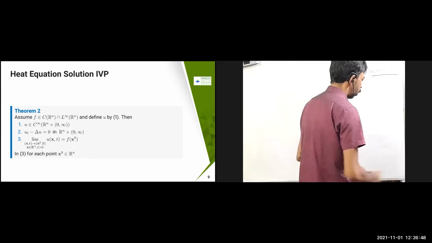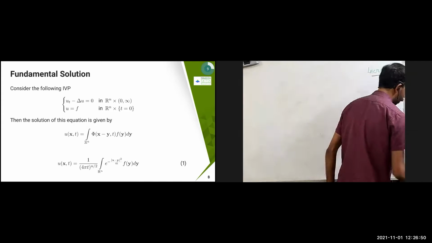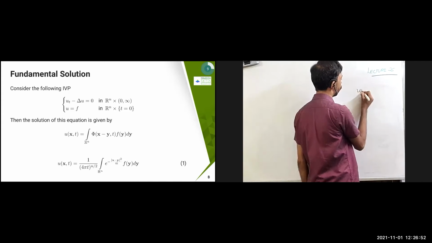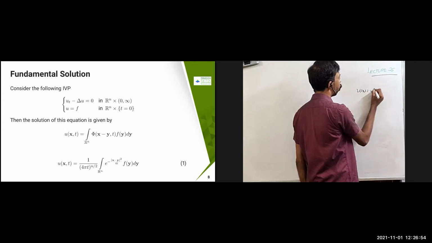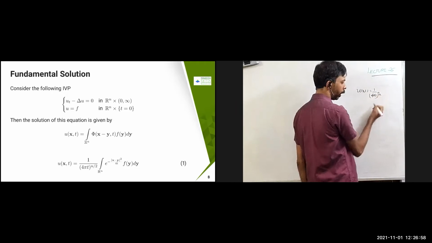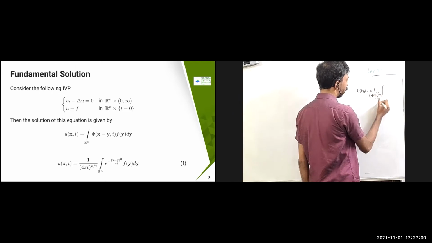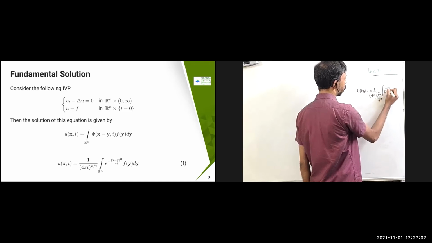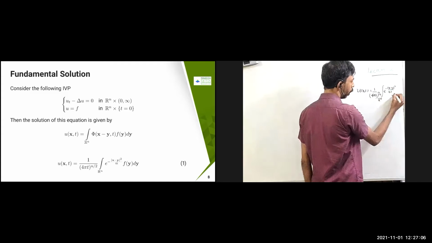Okay, so what is our u? U of x comma t is given as follows: u of x comma t is equal to (1 by 4 pi t) whole power n by 2, integral over R power n, e power minus mod x minus y whole square by 4t, into f of y dy.